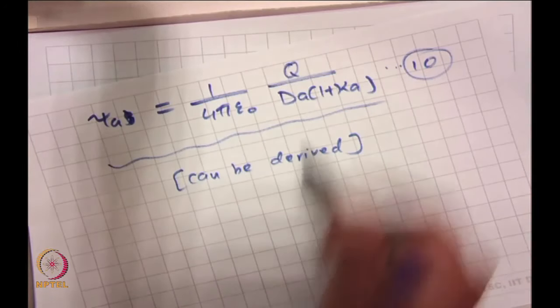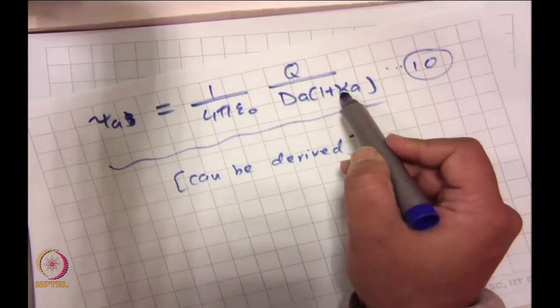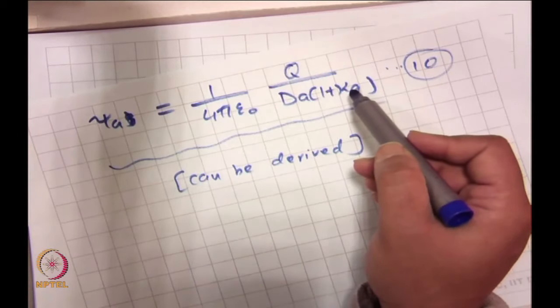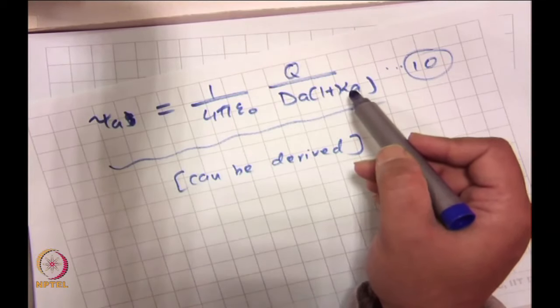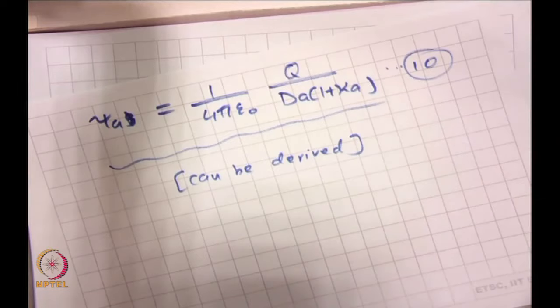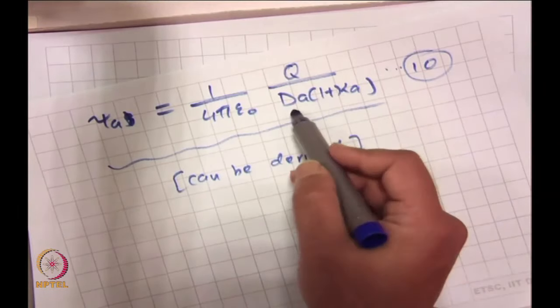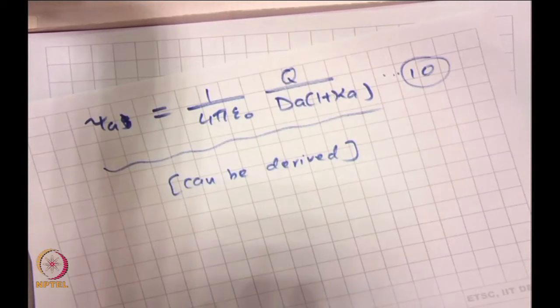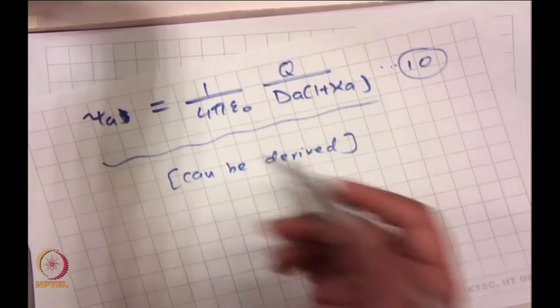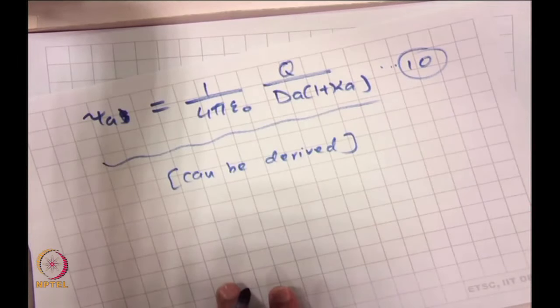If kappa is equal to 0, that means you have no salt in the solution, then it essentially comes to Q by dA or Q by dR, the normal Coulombic potential we all know.